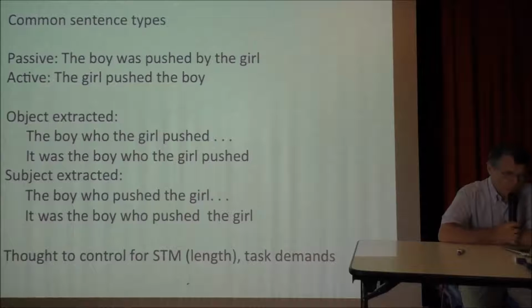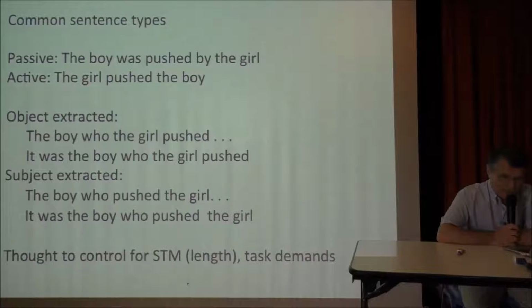In the early literature, the common sentence types that were used were experimental sentences like passives compared to baseline sentences like actives, and experimental sentences like various object-extracted clauses, relative clauses with object extraction, clefts with object extraction, compared to subject-extracted sentences with the same, call it, content. And these baseline sentences were thought to control for short-term memory demands made by the experimental sentences.